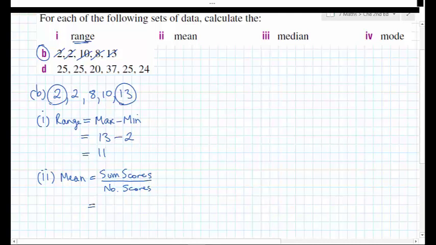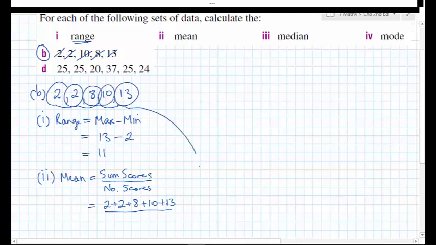The sum of my data is 2 plus 2 plus 8 plus 10 plus 13, and that's all over the number of scores that I have. If I look at it, I have 1, 2, 3, 4, 5. So I just put 5 down the bottom, and then I work that out.